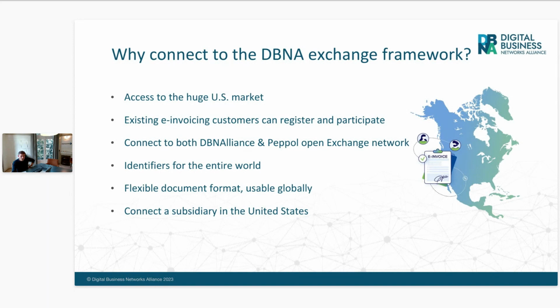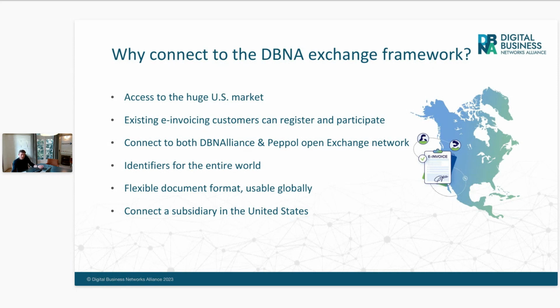Then, flexible format, usable globally. Yes, we discussed, and connect a subsidiary in the United States. This is just an example: you could be connected for e-invoicing in Europe, but you're opening a subsidiary in the US. For that US subsidiary, it's more logical to use a US identifier and a US flexible format to sign up to the DBNA network.